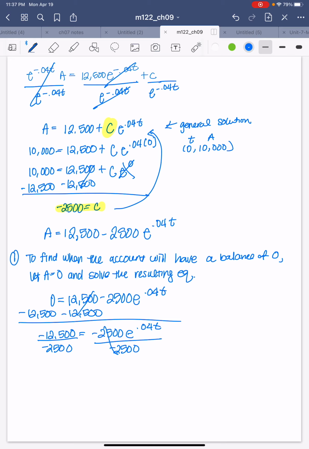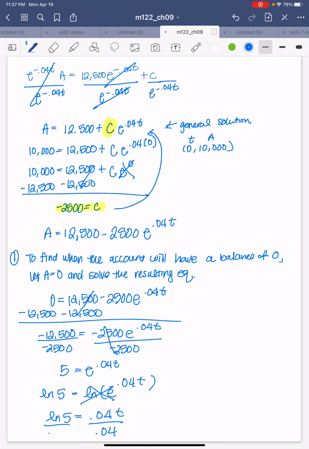I'm going to have positive 5 on the left hand side equal to e raised to 0.04t. So I'm going to apply ln to both sides to get rid of it. So ln of 5 equals ln of e raised to 0.04t. They cancel out. So ln of 5 is equal to 0.04t.